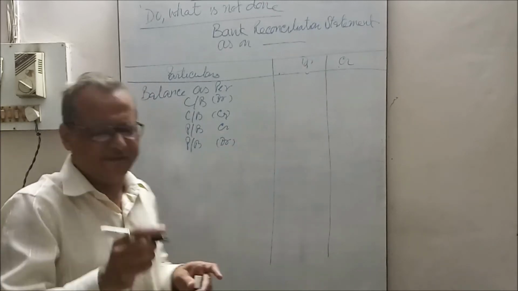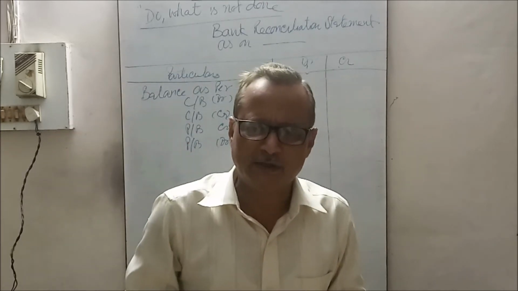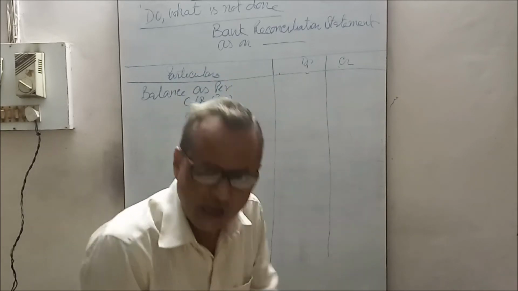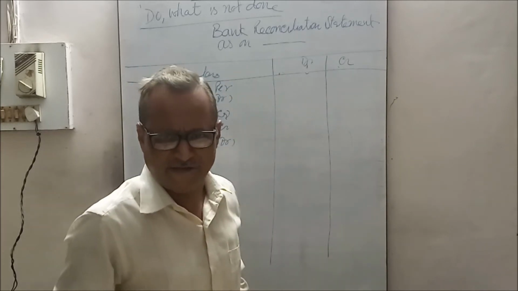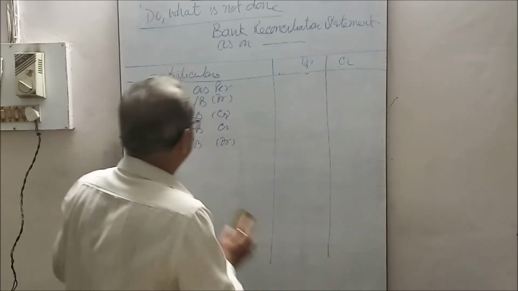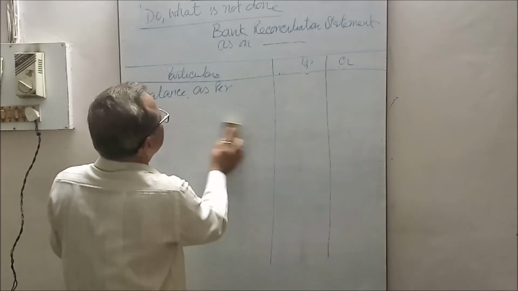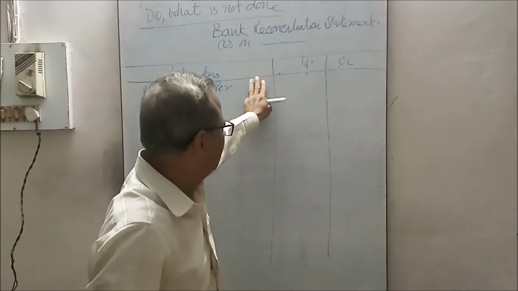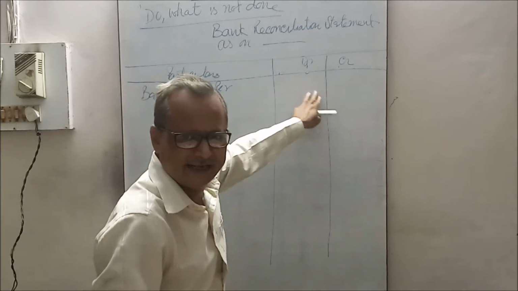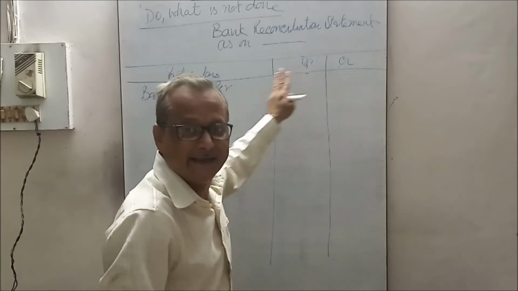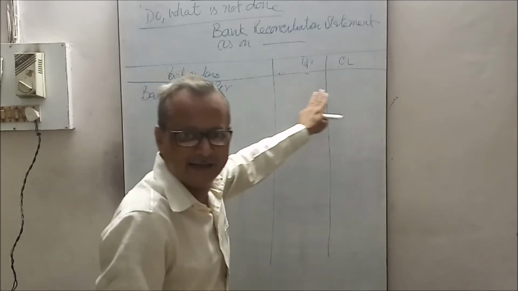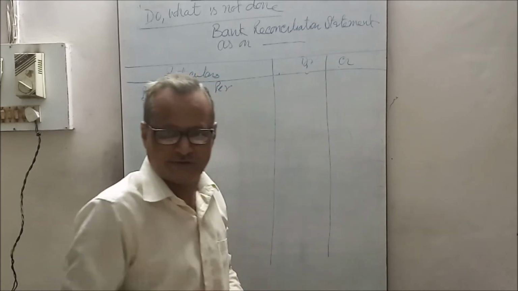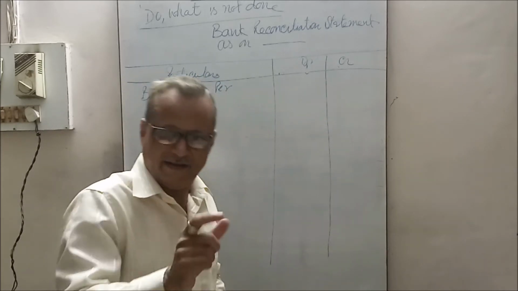Whichever balance is given to you as base, you must write on that side only. I have written only the format, as per cash book debit balance, debit side; cash book credit balance, credit side; passbook debit balance, debit side; passbook credit balance, credit side. This is the base, the balance given.